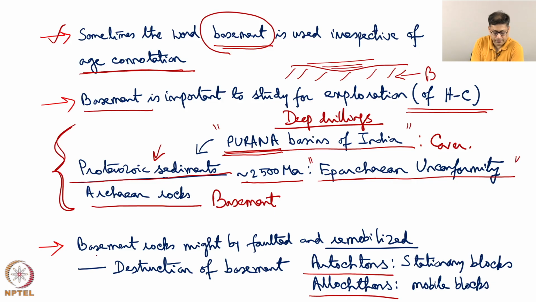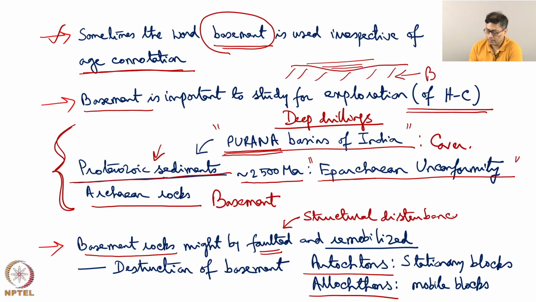Now, some interesting facts: the basement rock might be faulted or structurally disturbed and remobilized. Faulting, folding, etc. we can call structural disturbance, and remobilized means the material moves due to structural deformation.